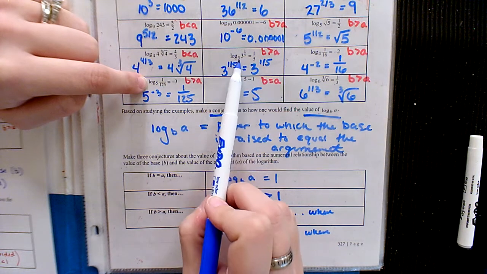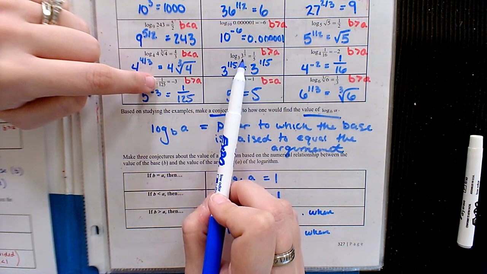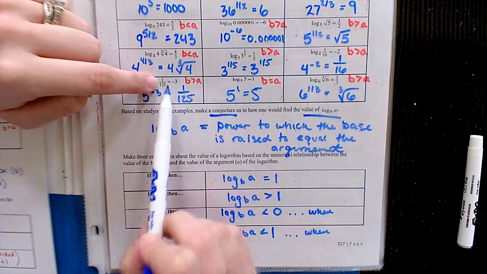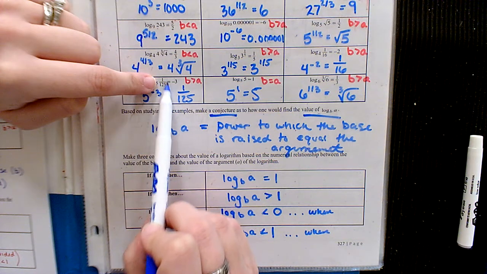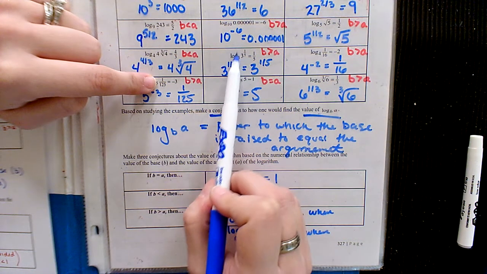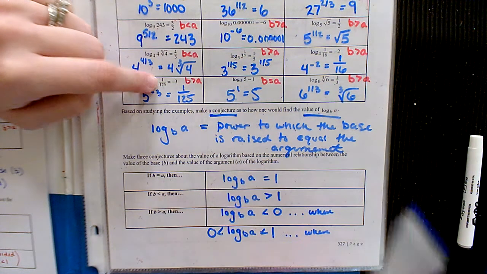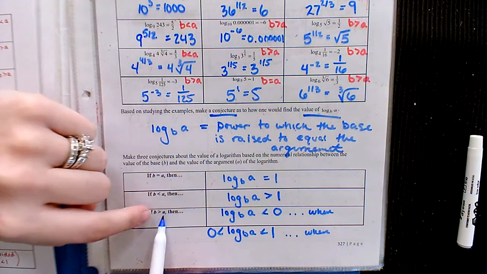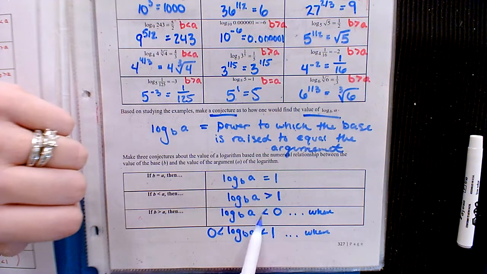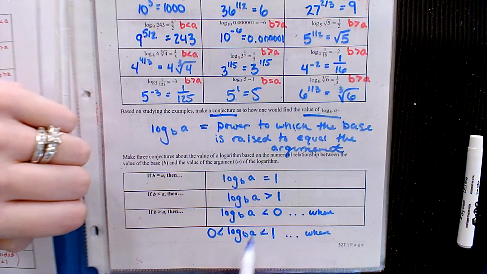So let's take a look at the difference in the argument here. Notice how in this case the argument is less than 1, but in this case the argument is more than 1.